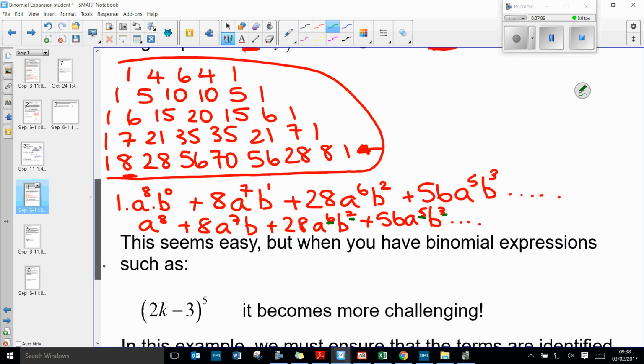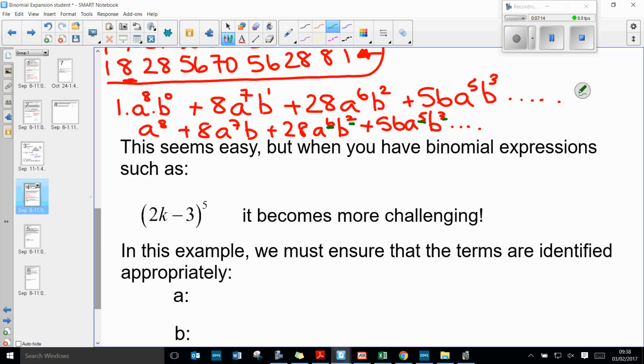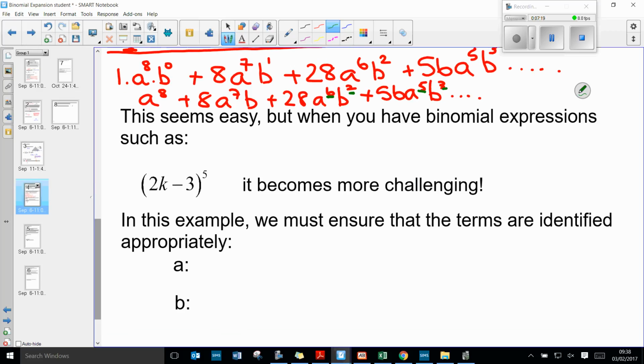Now, it seems fine because all we had was x and y. But if we have expansions like (2k - 3)^5, it becomes a bit more challenging because a is no longer just some nice number. We've got 2k as a, and b is now negative 3.